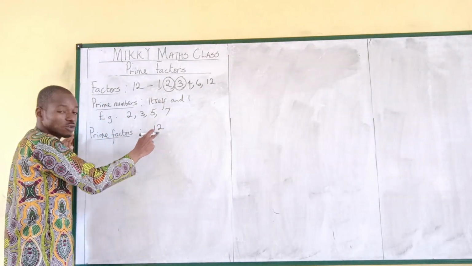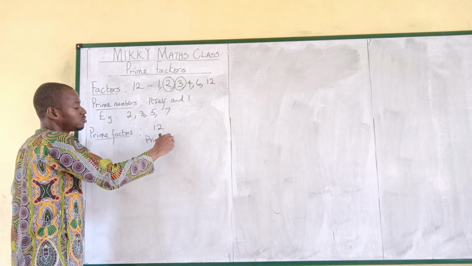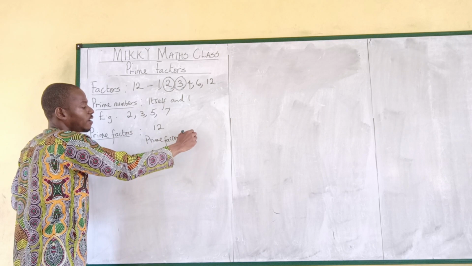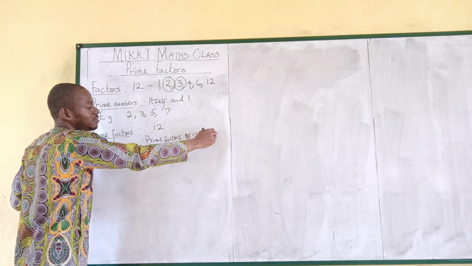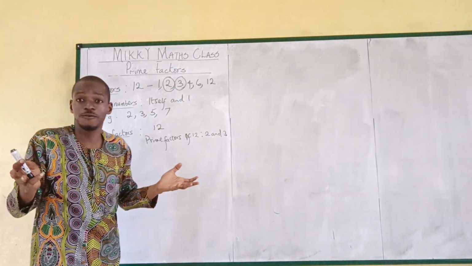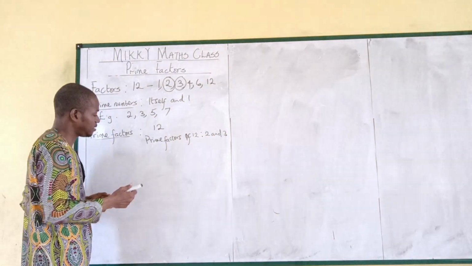So the prime factors of 12 are 2 and 3. Another example, I can choose a number 18.